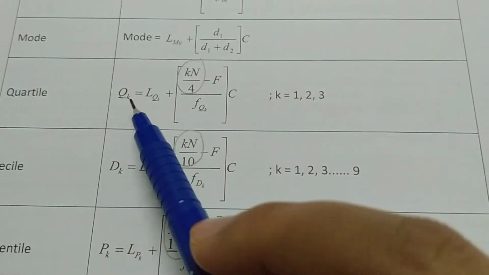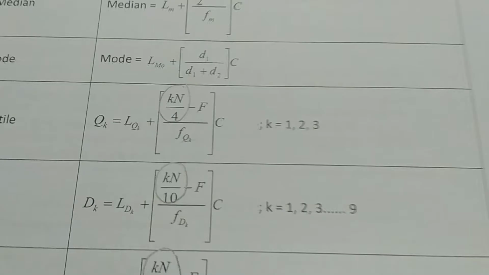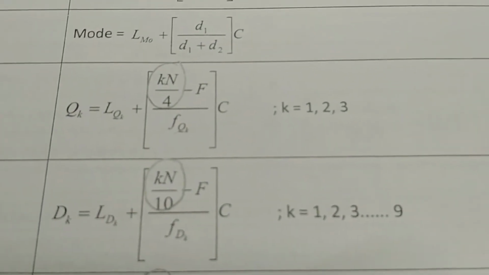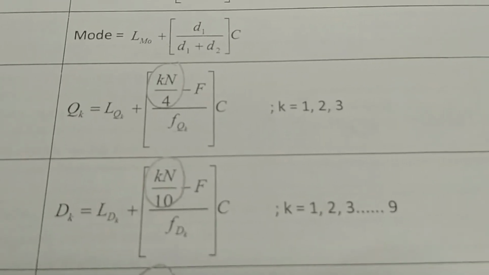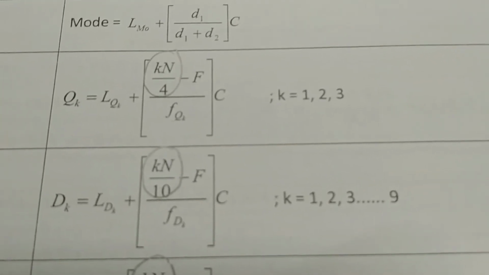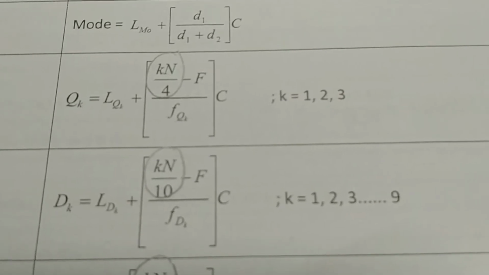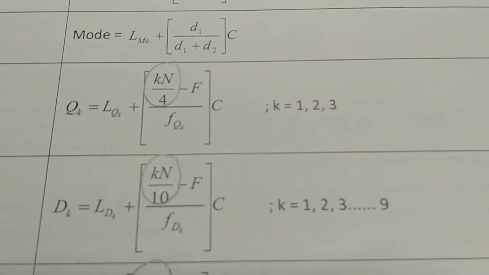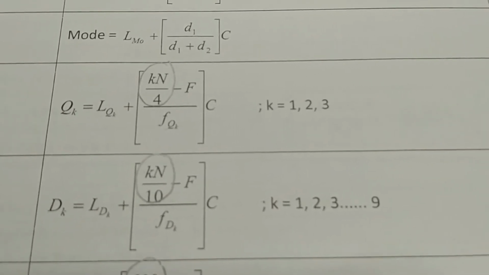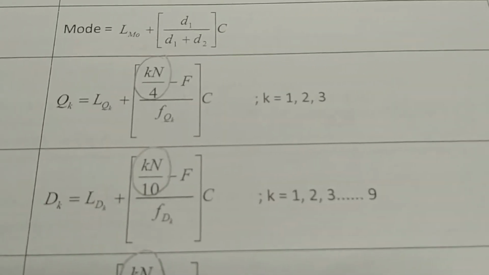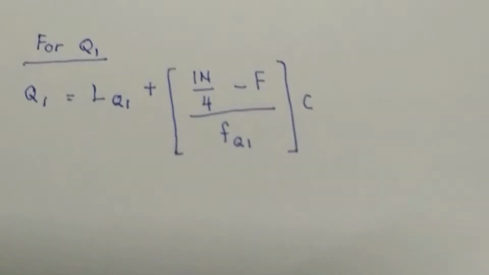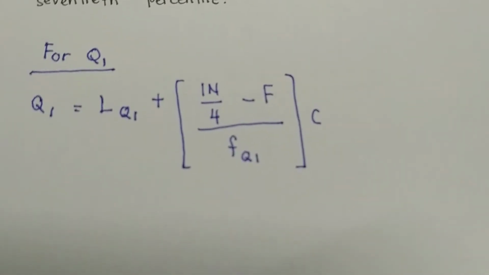Because our K is 1, first quartile, Q1 is equal to LQ1 plus 1n over 4 minus F, the cumulative frequency, divided by FQ1 and then multiply with size of class C. So like this is the formula.